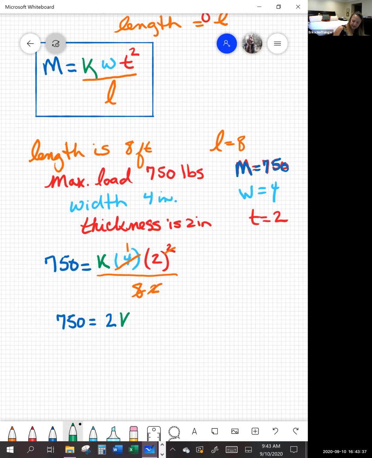So I can get K by itself by dividing both sides by 2. So I get 750 divided by 2. 2 goes into 7 3 times, remainder 1. 375. Okay, so K is 375.